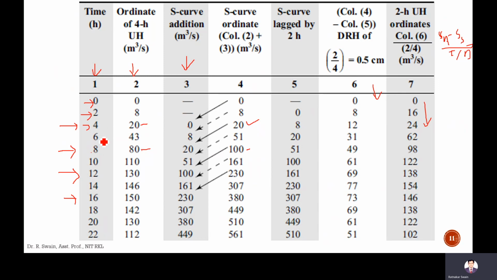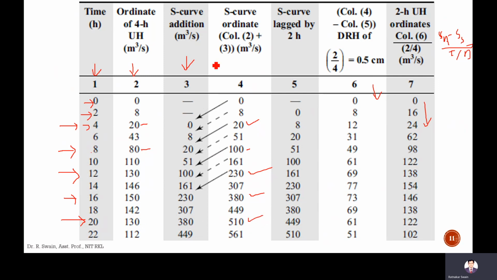At 12 hour, it will be 100 plus 130, that is 230. Then at 16 it is 230 plus 150, that is 380. At 20 it is 380 plus 130, that is 510.